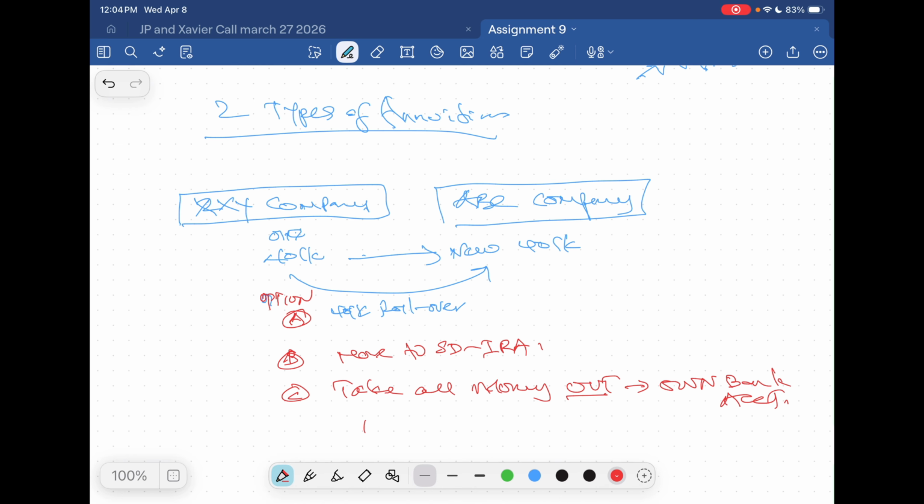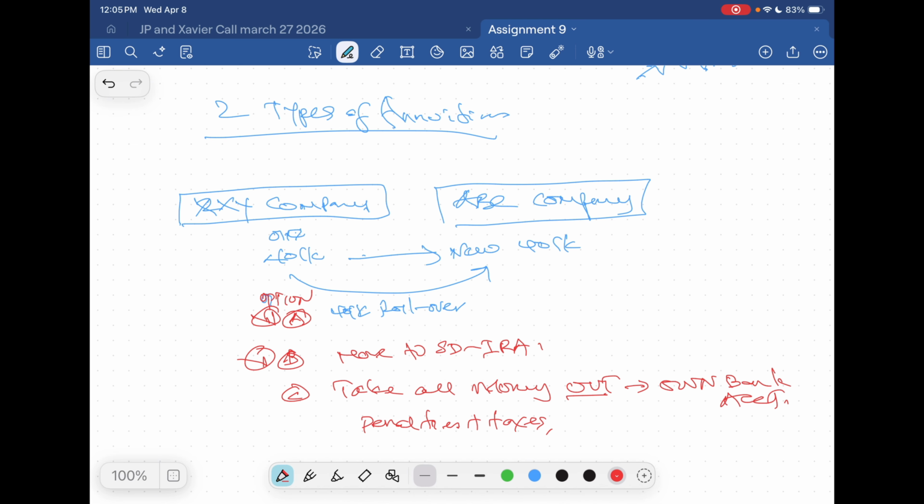There's going to be penalties, plus taxes. Whereas rolling over to a self-directed IRA, which we talked about in option B, or rolling over to your new company 401k means no penalty, no taxes. So both these options, option A and option B, are great options. This is an in-kind rollover.